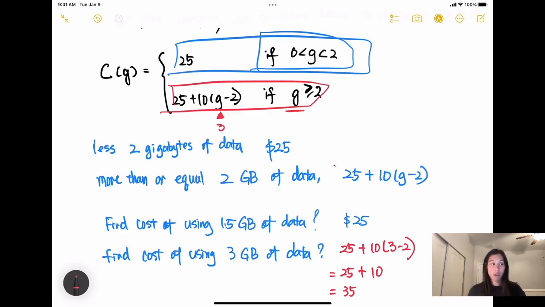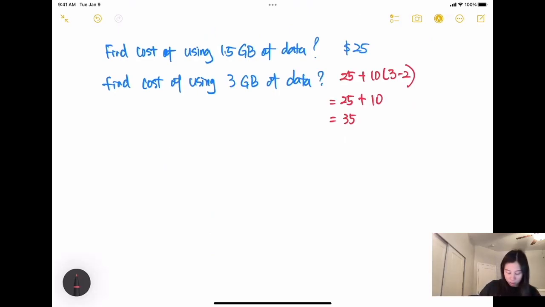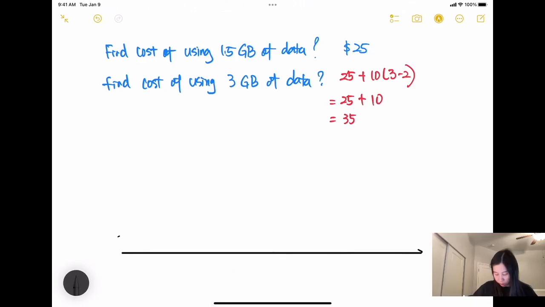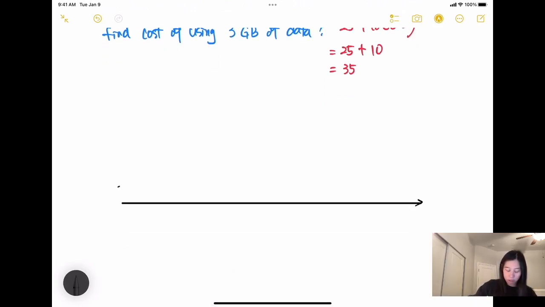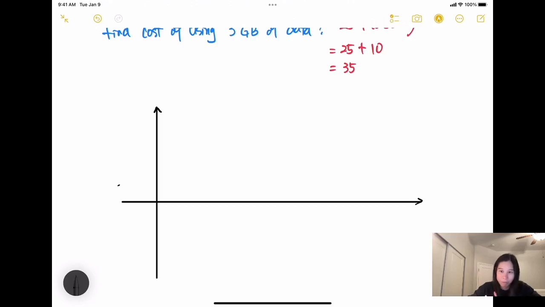We can draw a graph of a piecewise function. So how do we do that? Now let me draw the graph. Since data is always positive, as we talked about, that's the domain. There's no way you will have negative data. Even if you didn't use it, that is considered 0.